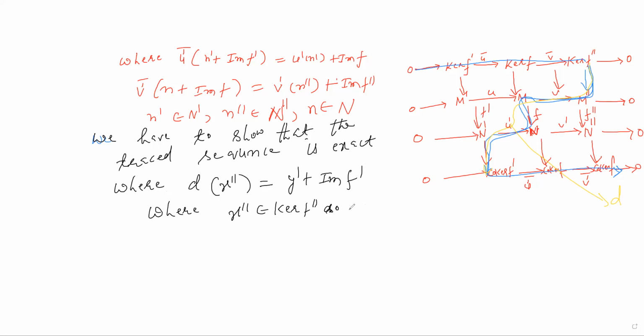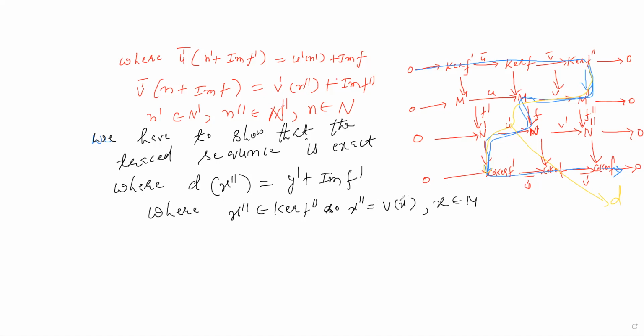So x double dash is equal to v of x, x belonging to m.